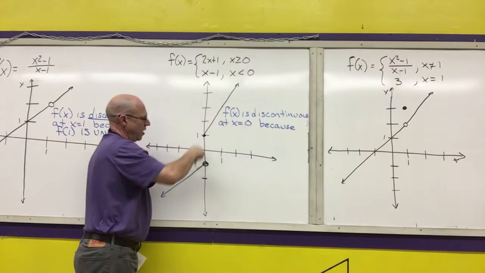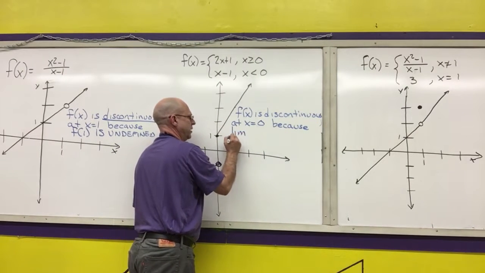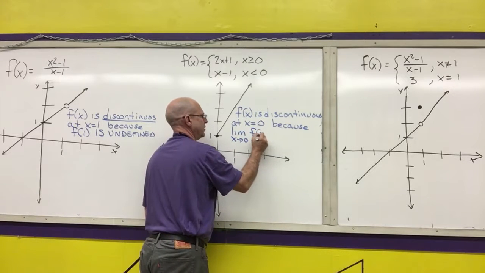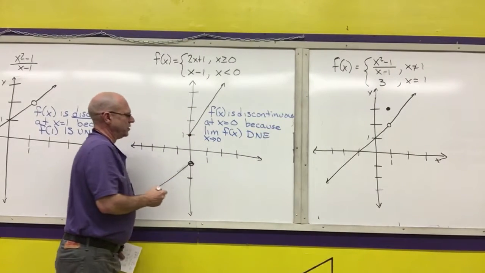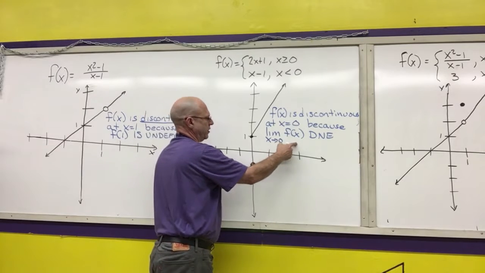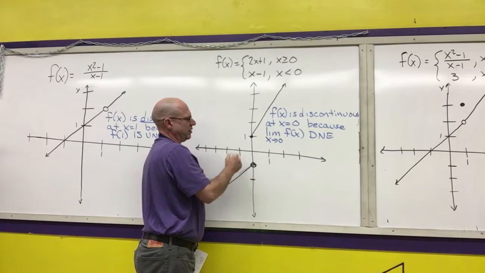The reason is that the two-sided limit as x approaches 0 of f of x does not exist. So the second reason a graph can be discontinuous is that the limit at the point I'm looking at does not exist.